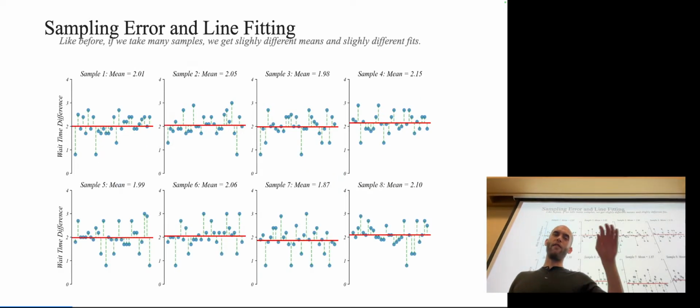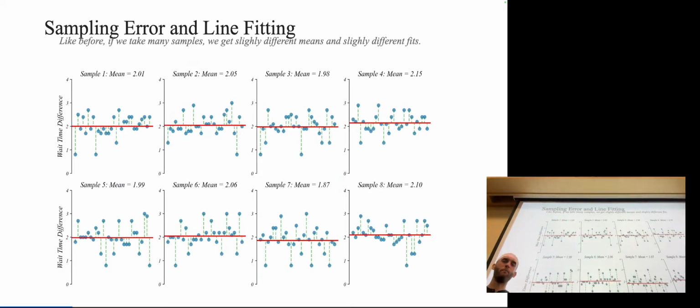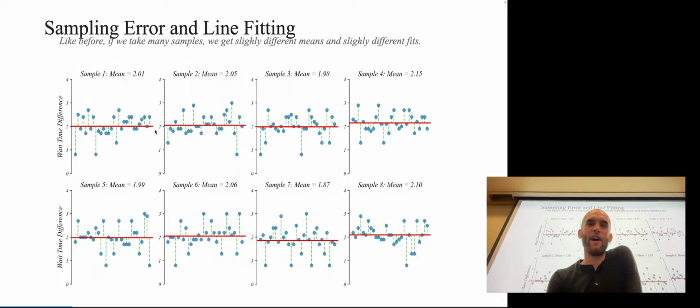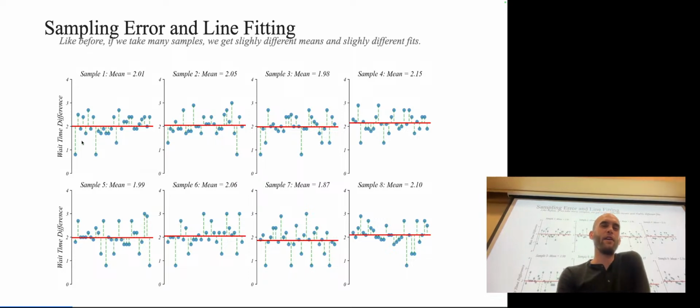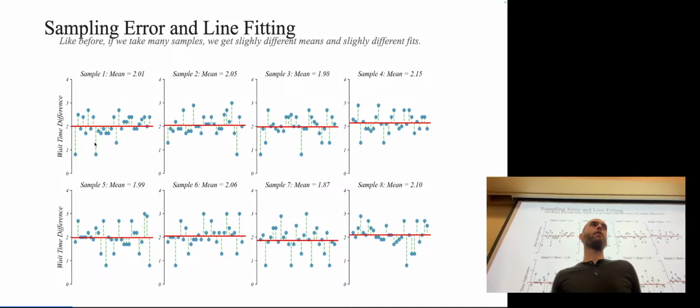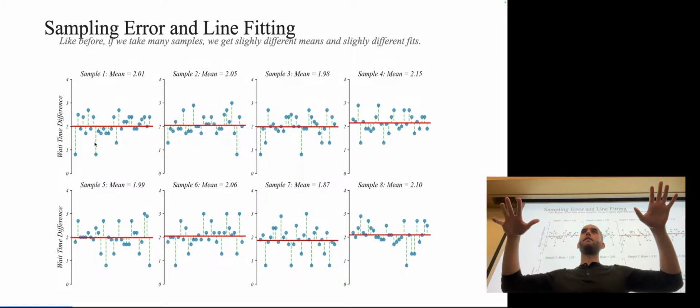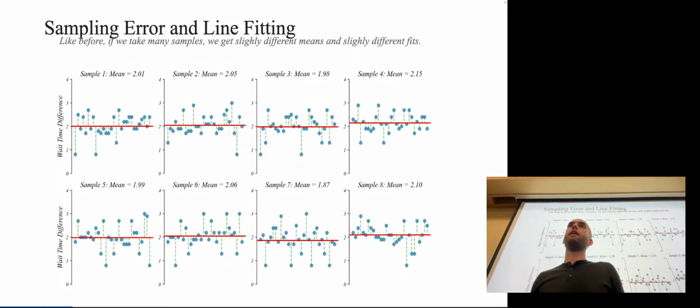In this next picture, I've taken 8 different samples from this sampling distribution and fitted 8 separate models to each one of these separate samples. A couple of things to note here. The big reason we're doing this is just to show that when we're running a model like this, fitting lines, we're still getting sampling error.